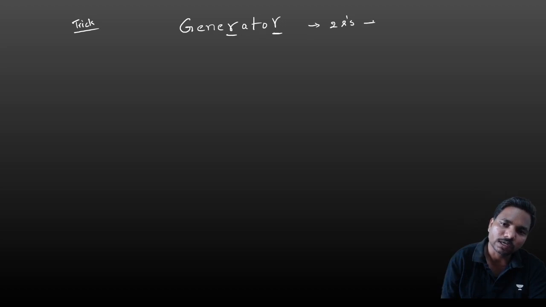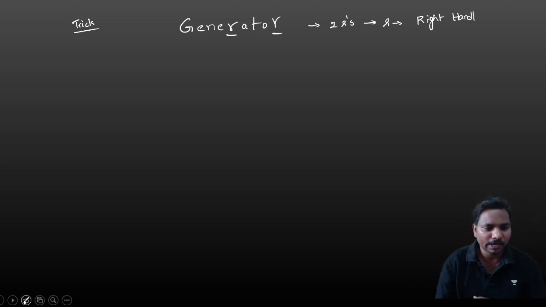There is a small trick to remember this. In the case of generator, we have two R's. R is domination. R for right hand rule. So in generator, we use the right hand rule.